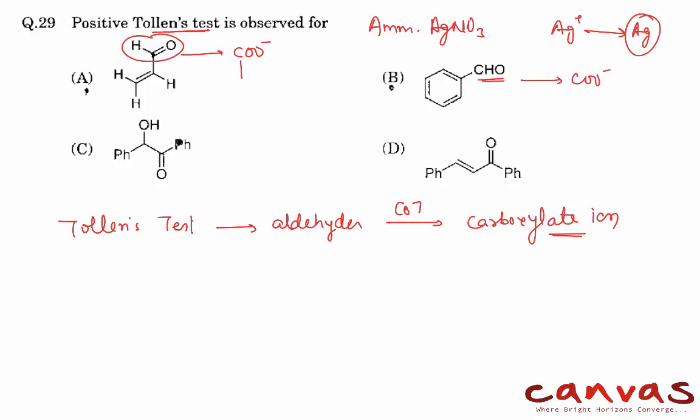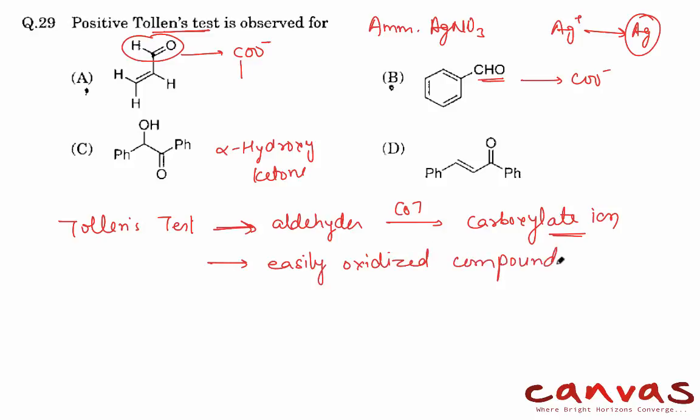Now here we don't have an aldehyde group, we have an alpha hydroxy ketone. Okay, now the Tollens test is for aldehydes and also for easily oxidized compounds, because here we are actually carrying out oxidation.